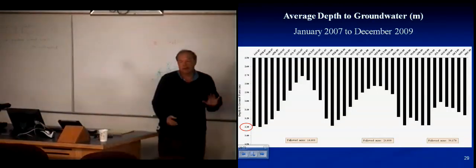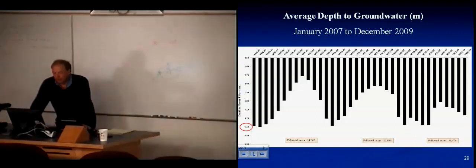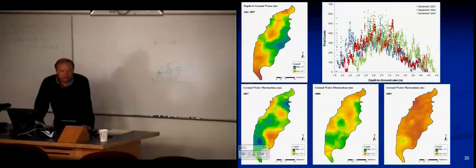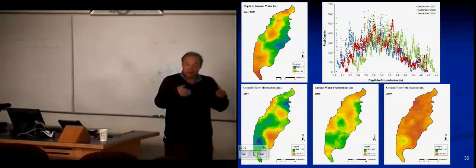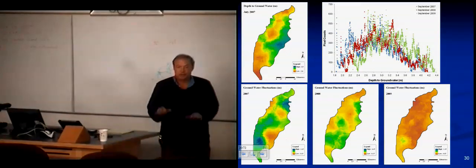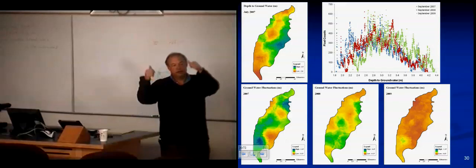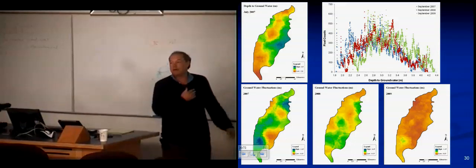And what we see is that September is where it became minimum in each one of these 3 years. But we're also seeing that as we moved in time, the depth was getting deeper and deeper in September.